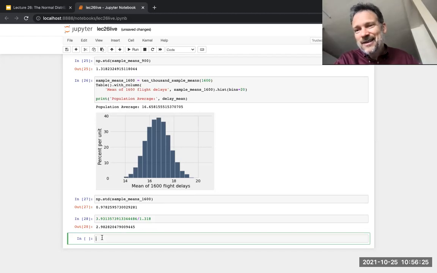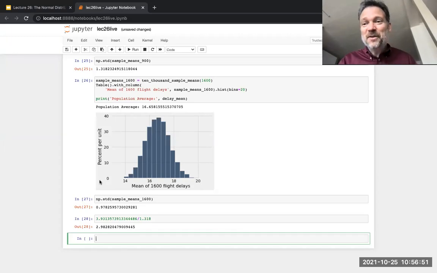Increase the sample size by a factor of 9, SD reduces by a factor of 3. So I see you typing in the chat. Maybe you found the pattern. The SD is decreasing as you increase the sample size, but not linearly. It goes by a square root factor, the square root of the sample size.